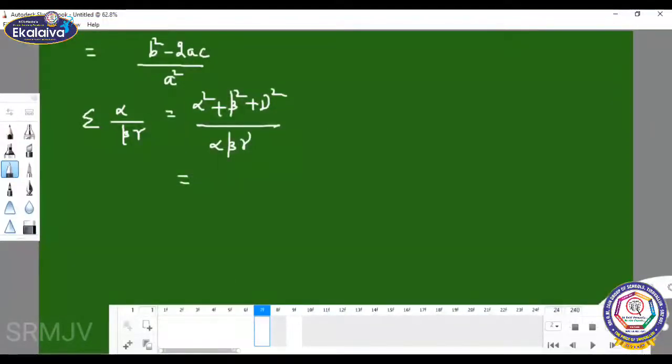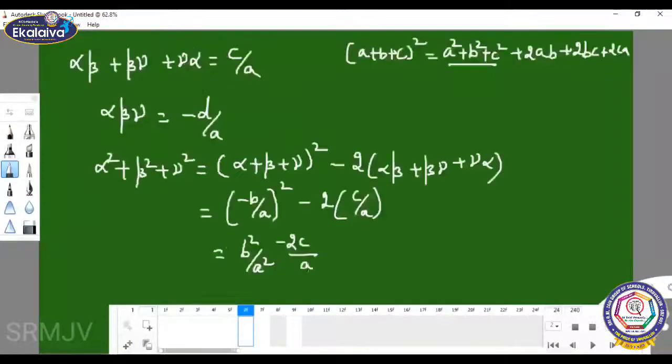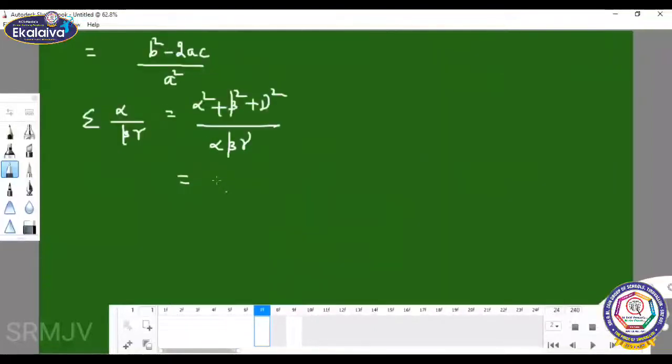You should find out this value. First, taking a square as the common LCM, it gives b square minus 2ac by a square. So alpha square plus beta square plus gamma square is b square minus 2ac by a square, divided by alpha beta gamma.